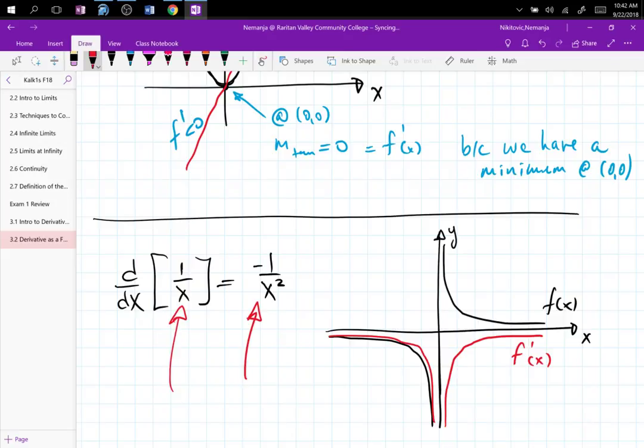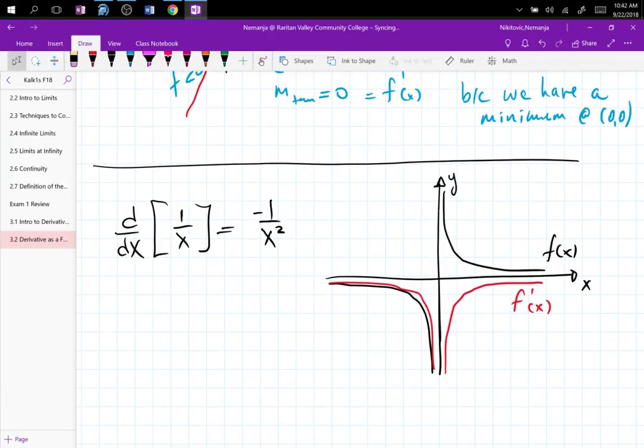Okay, so now I'm going to do the same analysis I did before. Oh, we have to add one thing. There is a vertical asymptote at 0. So this is new.